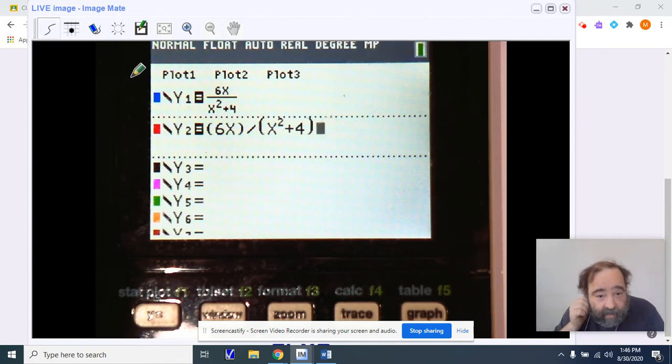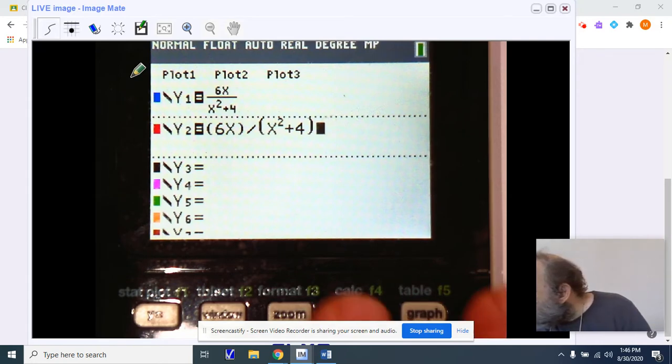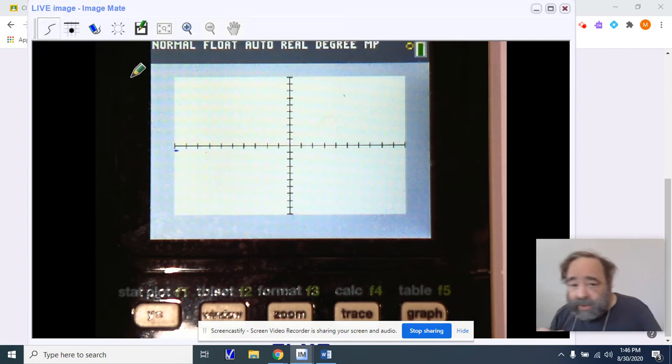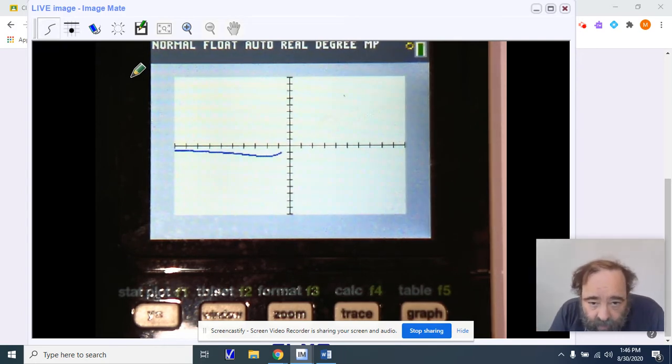Now, these are the same fractions, and you have to be aware that both exist and that they are the same thing. If we do a zoom 6, which gives us a standard graph, we can now see whether this is one-to-one or not.